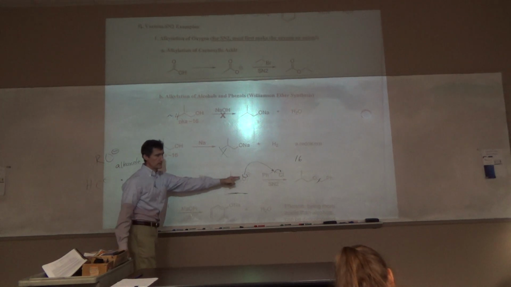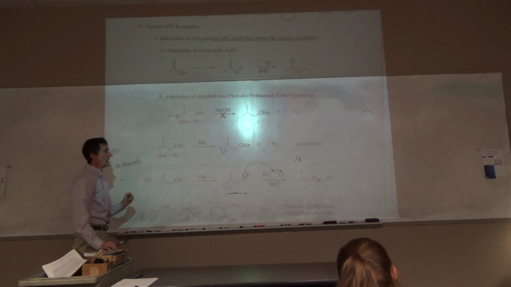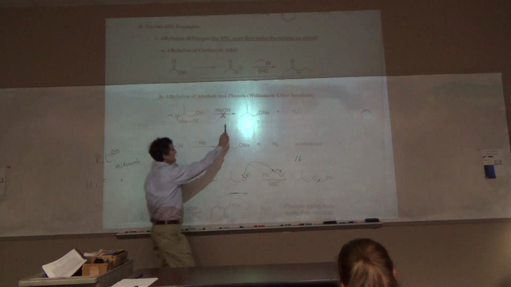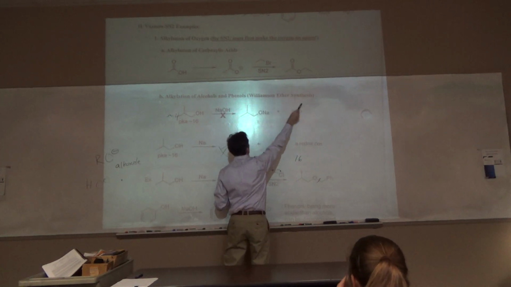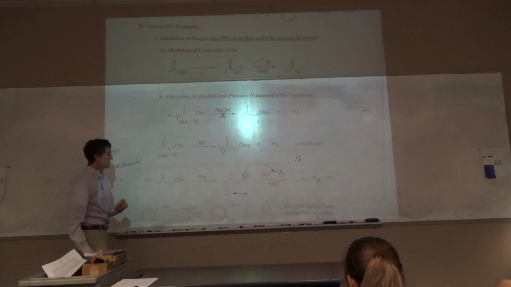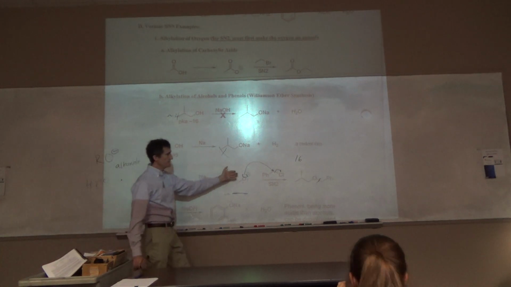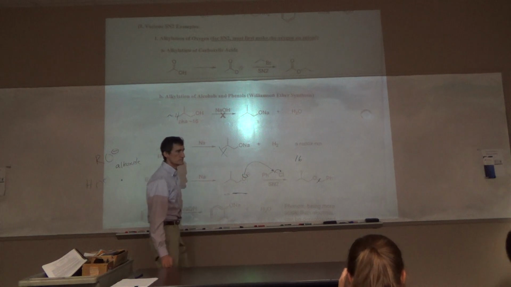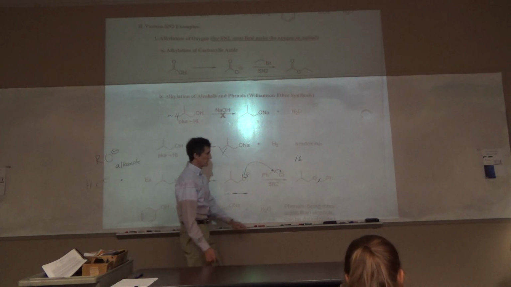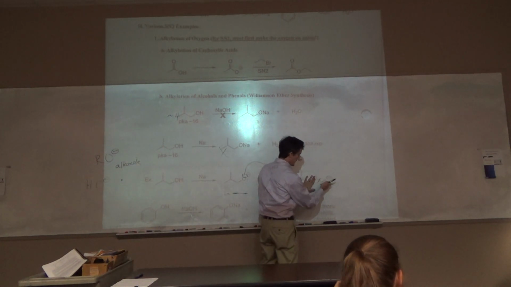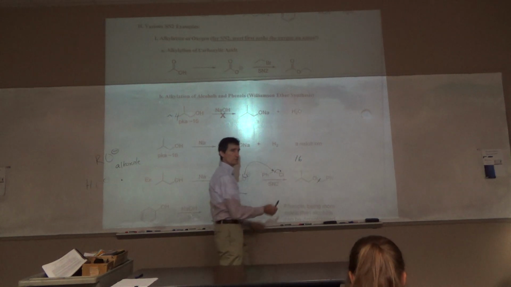Got to first make the alkoxide though. This is called a Williamson ether synthesis. Actually has a name where you start with the alcohol, make the anion, and then alkylate it. Right? We now have an extra alkyl group on the oxygen through this SN2.